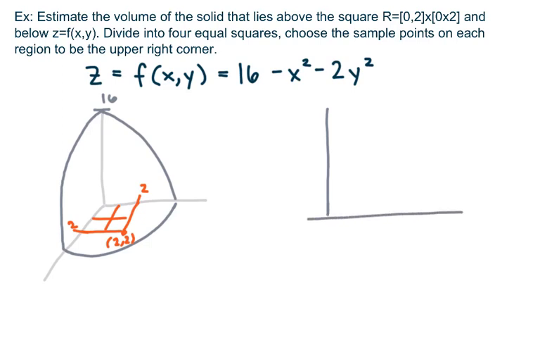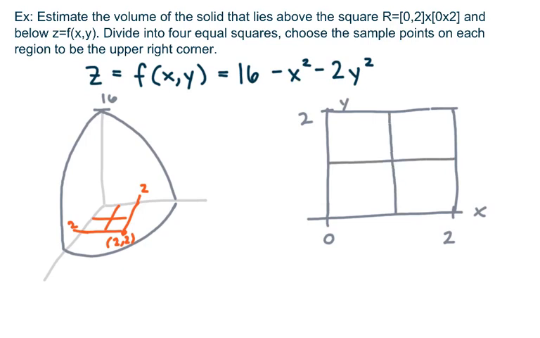And then we want to graph our region R. So I've got 0 to 2 on my x-axis, 0 to 2 on my y-axis. That creates a square region here. And we can divide that into 4 equal squares.